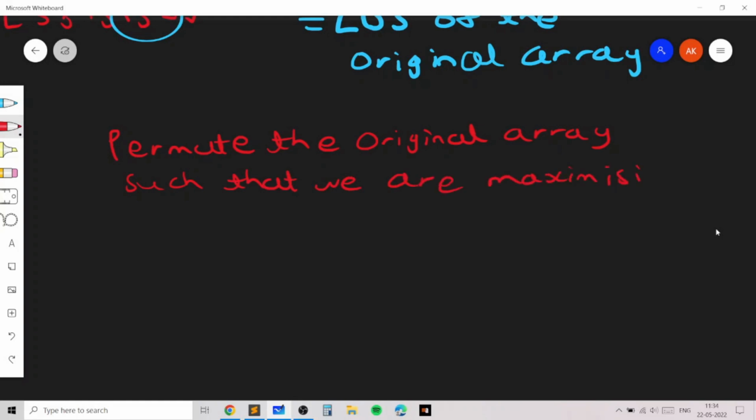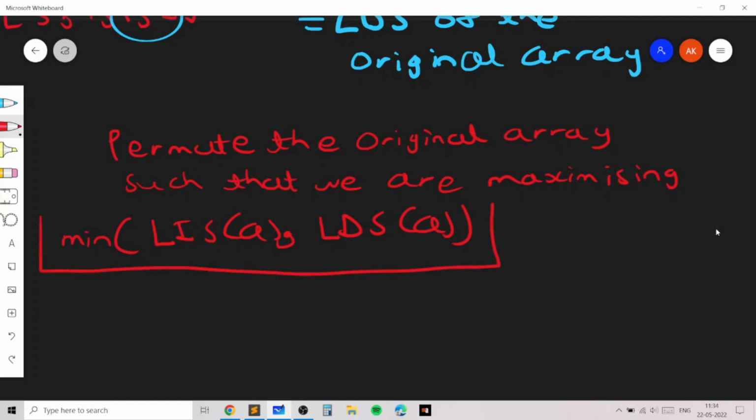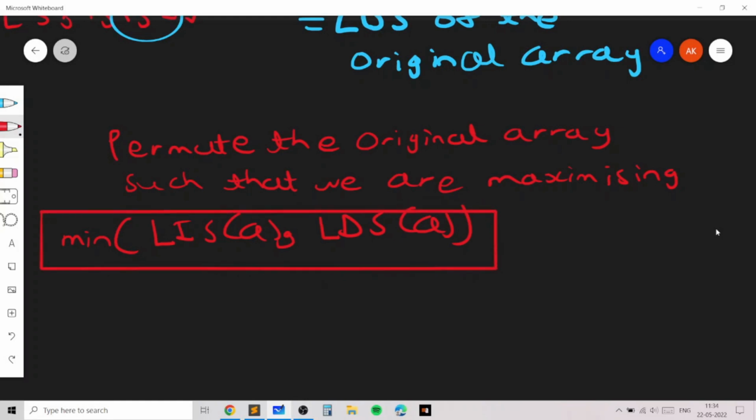So we want to convert A into some other array, and we want to maximize the minimum of LIS of A and LDS of A. So that's what the problem is asking us to do. And let's try to look at some examples and see how exactly we can maximize the minimum of these two quantities.